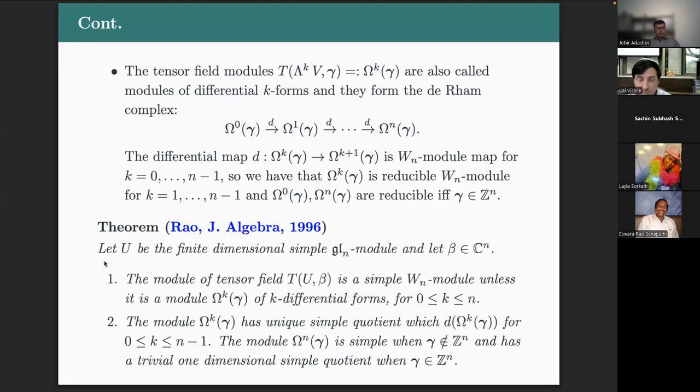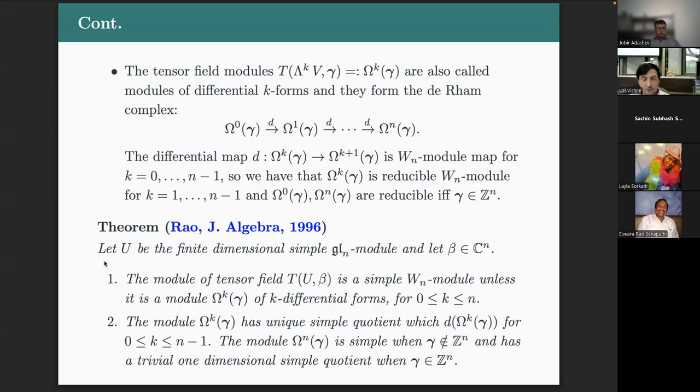So the first person to study these modules was Eswara Rao, who in 1996 showed that these modules are most often irreducible modules, except you forget about the differential forms, the de Rham complex.